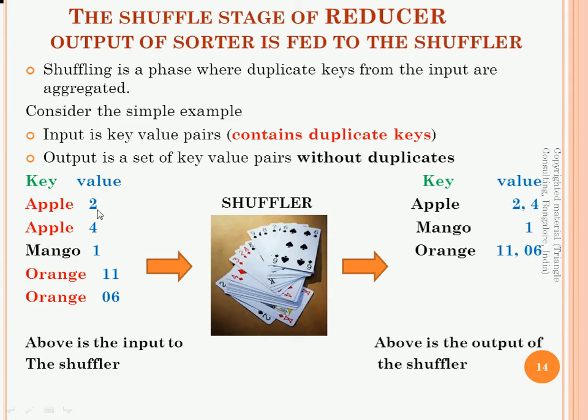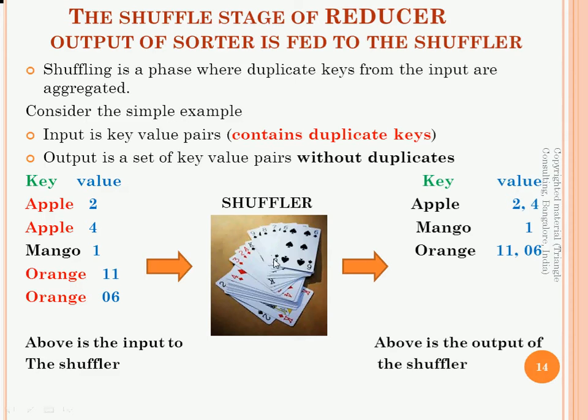The values associated with each instance of apple are grouped into a list of values. Mango has just one instance, so nothing is done to it. Oranges has two instances, but those values are grouped into a single list of values. So the shuffle operation is also called an aggregation operation, the removal or aggregation of duplicate keys.